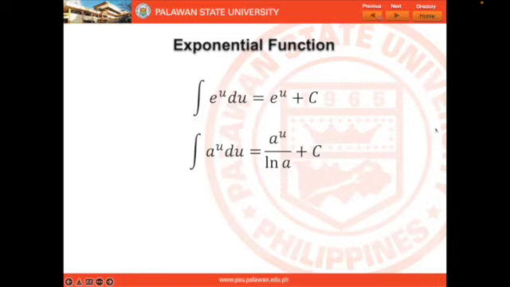So there's really nothing much to say here. I hope right now you notice that we are looking for patterns, but the most important concern here would be the technique in the identification of the u and getting its derivative du.